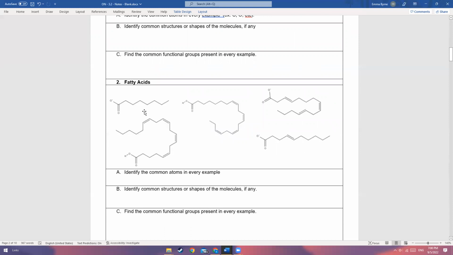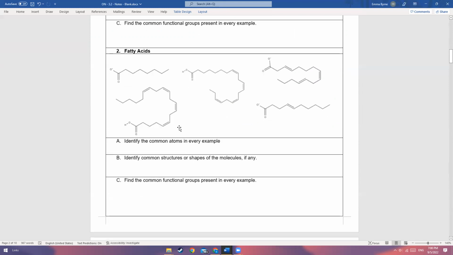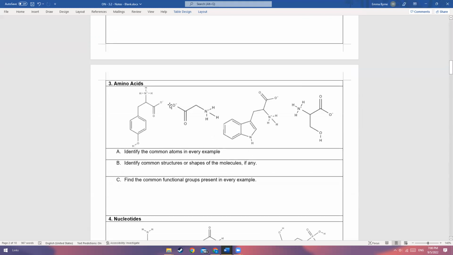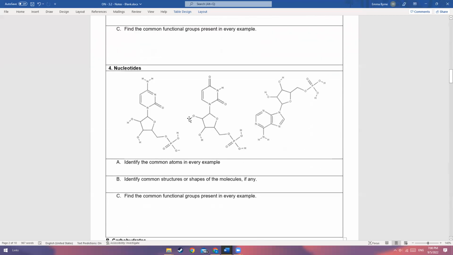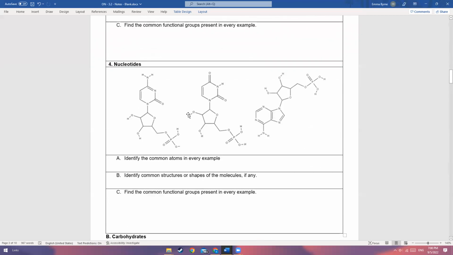We also move along to the fatty acids or the lipid category. We've got 5 examples here. And you're basically going to carry out those same 3 steps. Try to identify patterns in the atoms, structures, and functional groups. So do that here for number 2. We've also got 4 different amino acid structures that you're going to try to identify patterns across, and then 3 types of nucleotides.